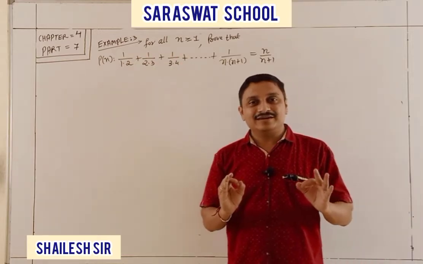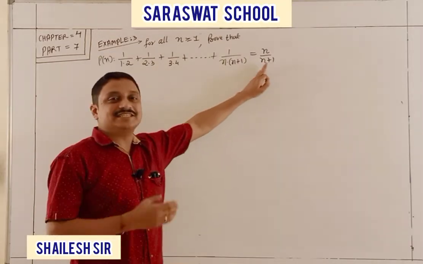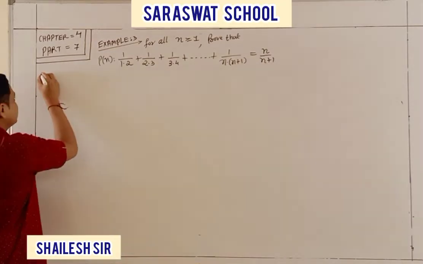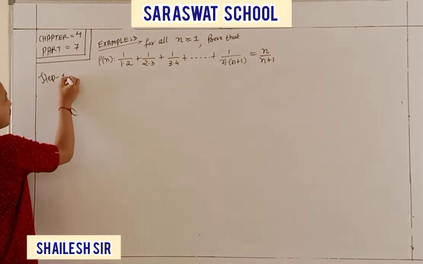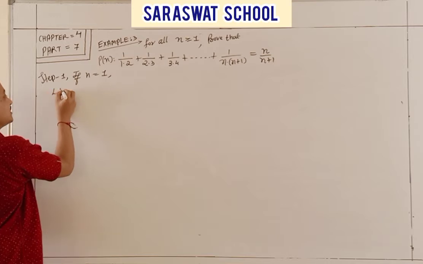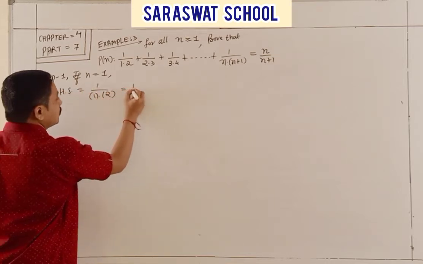Prove that for every n greater than or equal to 1, the LHS is equal to the RHS. Step 1, same rule. If n is equal to 1, what is your LHS? 1 upon 1 into 2.